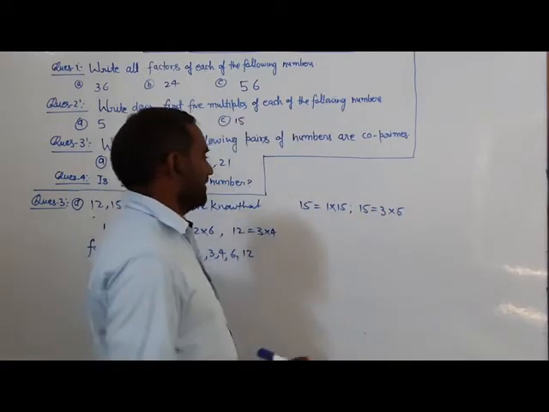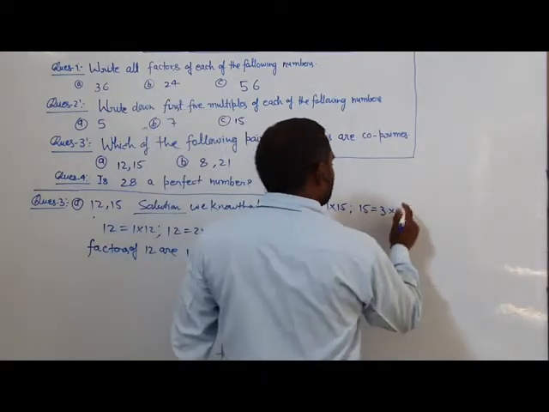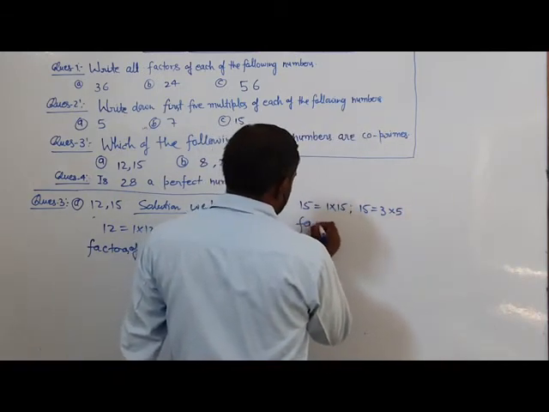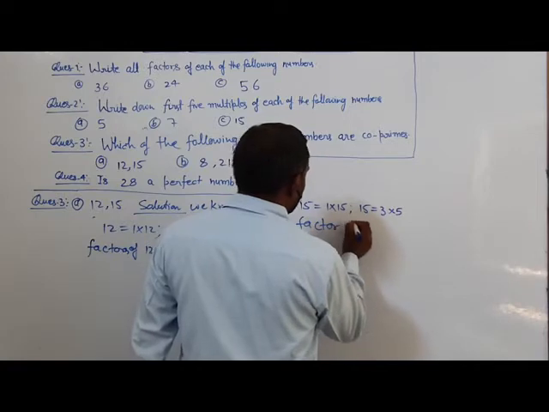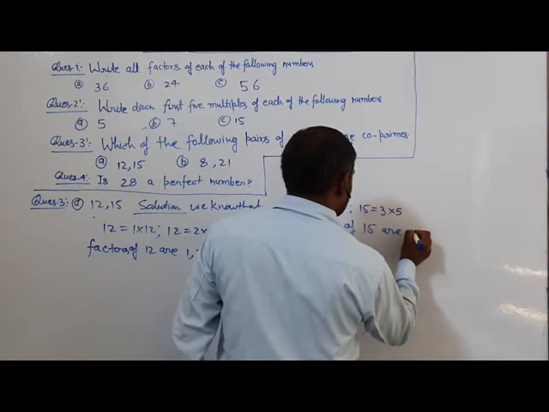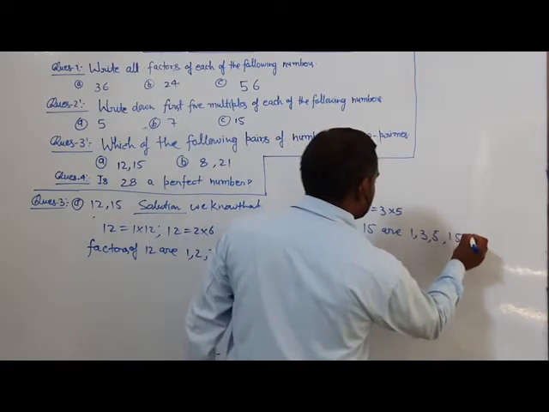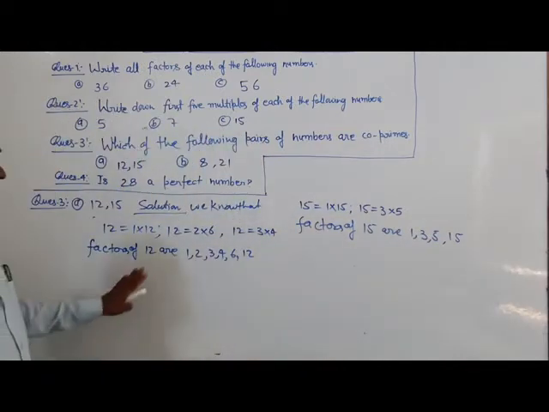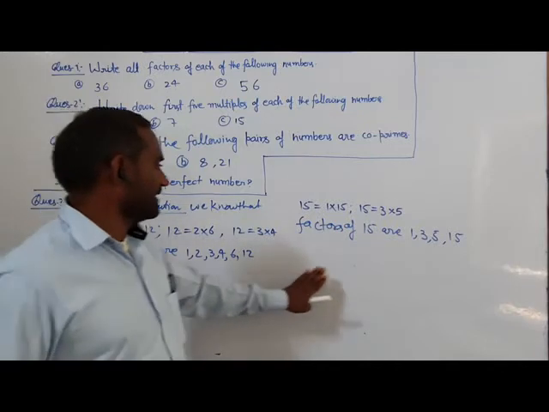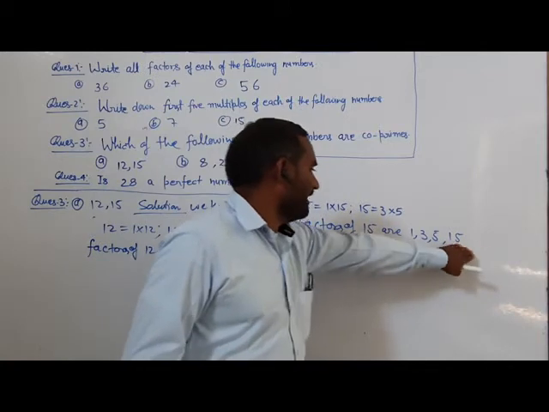So these are the factors of 15. No other number is a factor of 15. So the factors of 15 are 1, 3, 5, 15. Here the factors of 12 are 1, 2, 3, 4, 6 and 12.